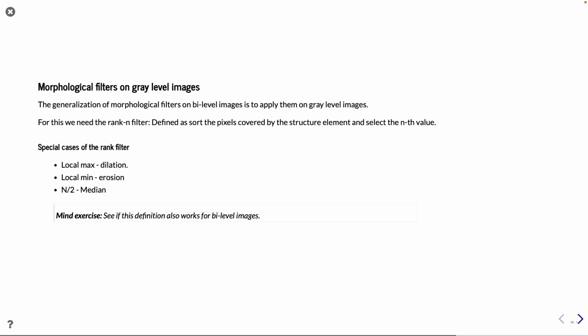So that one can also be applied to gray level images. Instead of just comparing true or false, you can also compute the local max in the neighborhood of each position.